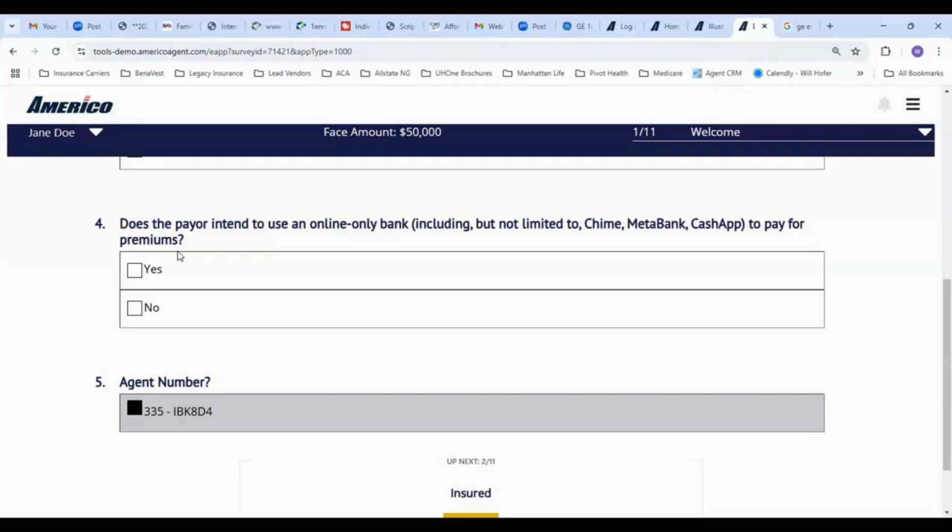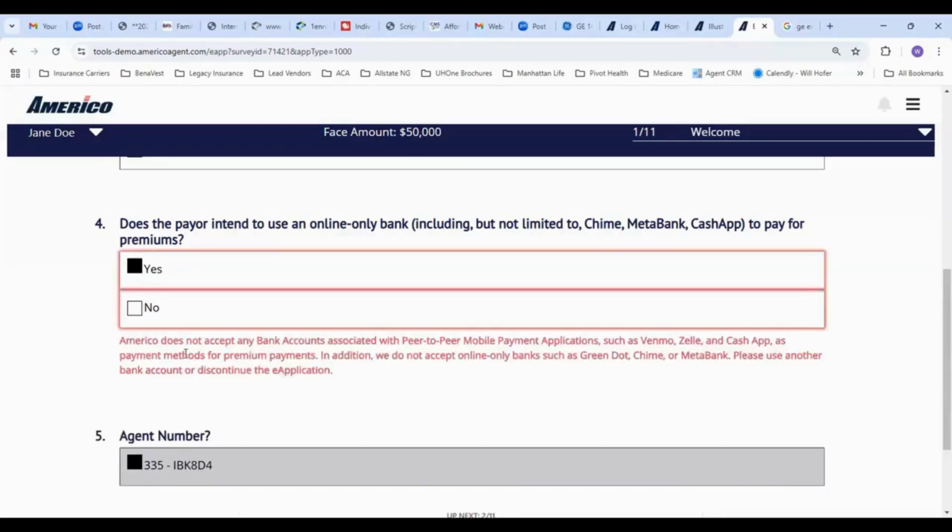It has to be banking, and the banking has to be the old school banking, not the online banking. They will not accept it. So if you put yes here, it's going to say Americo does not accept any bank accounts associated to peer-to-peer mobile payment. And they give you examples: Venmo, Zelle, Cash App.